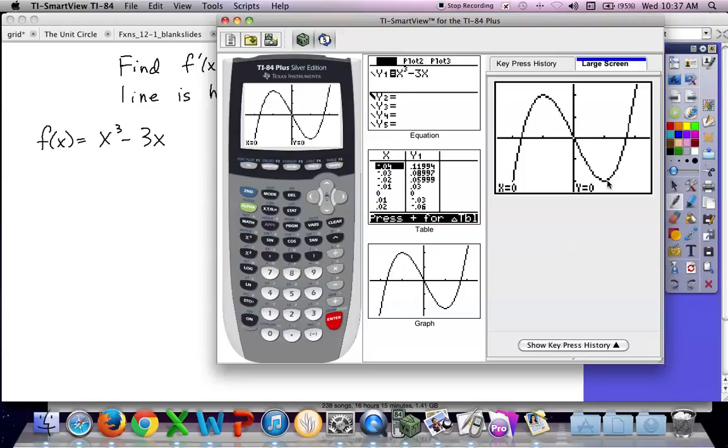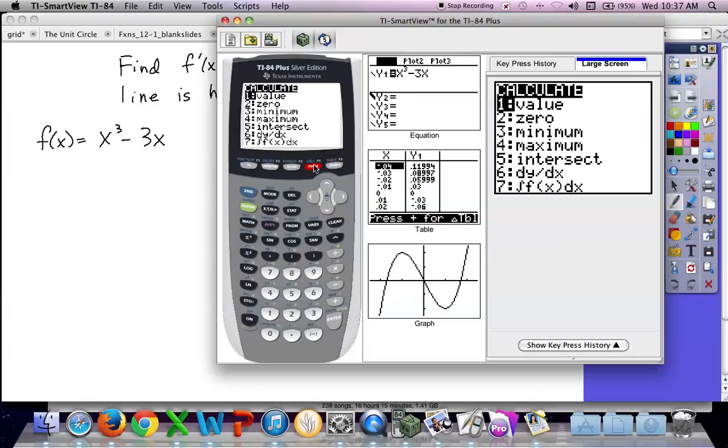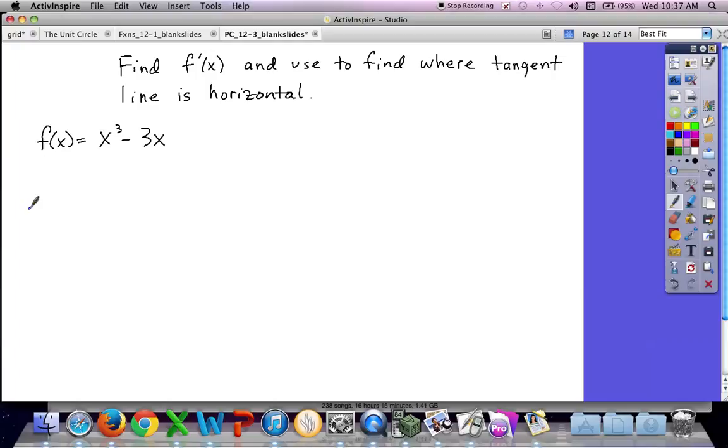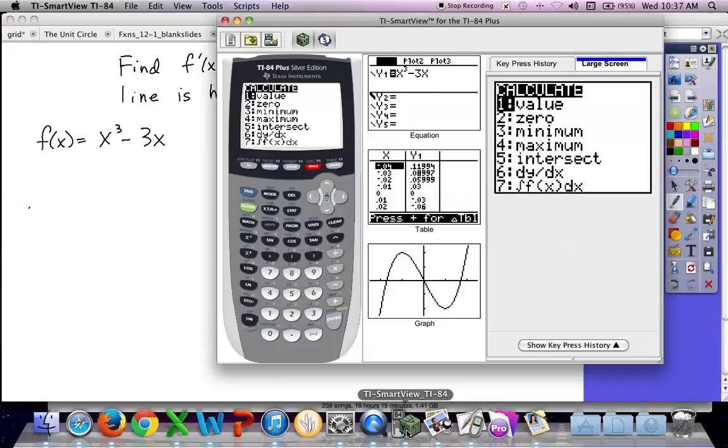And at that time, we said, we don't have a way to find those points other than put it in the calculator and go second calc, 3 for a relative minimum, 4 for a relative maximum. It would ask you the left bound, right bound, guess, right? But now we do have a way. We're going to have a formula for the slope of that graph at every point.